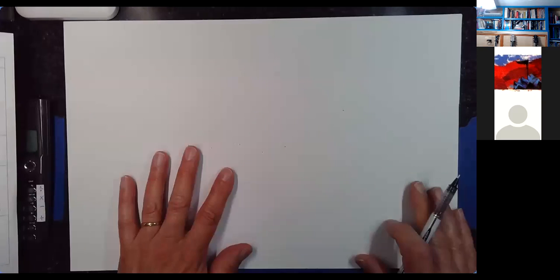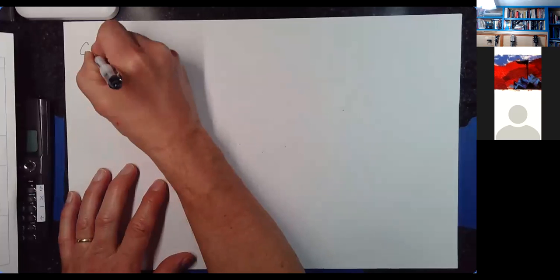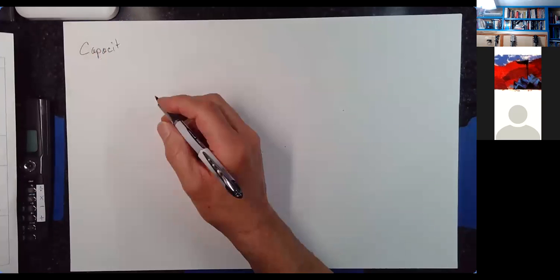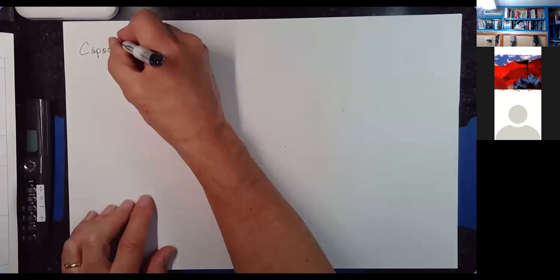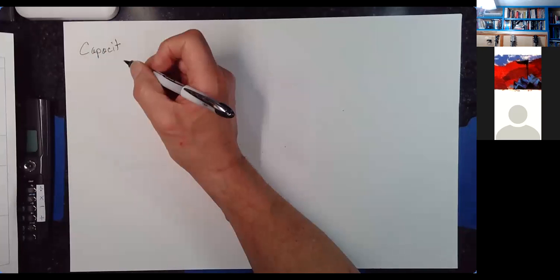Okay, next thing I want to do is introduce the idea of capacitance. We have some capacitors in your electronics kits, and I'm not sure we're going to be able to do any experiments that'll utilize those things or not.